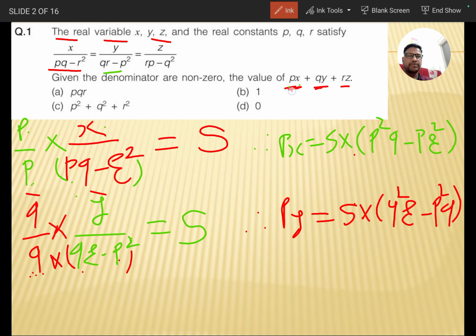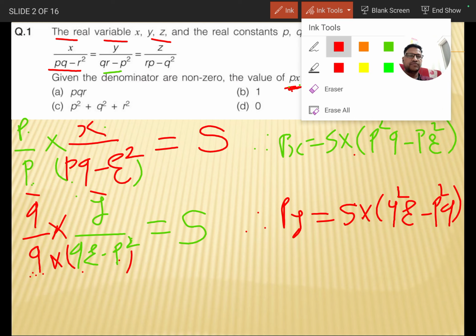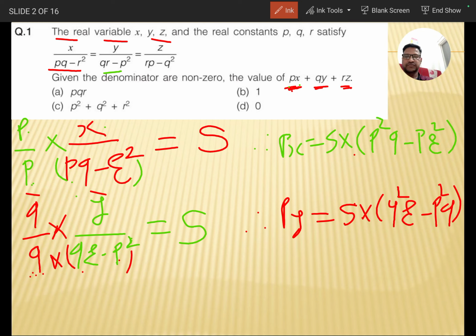So I got the px value, I got the qy value, and the remaining is rz. Now what should I do? I will choose another color. The next term is z divided by (rp minus q square), and again I assume that this whole term is s.